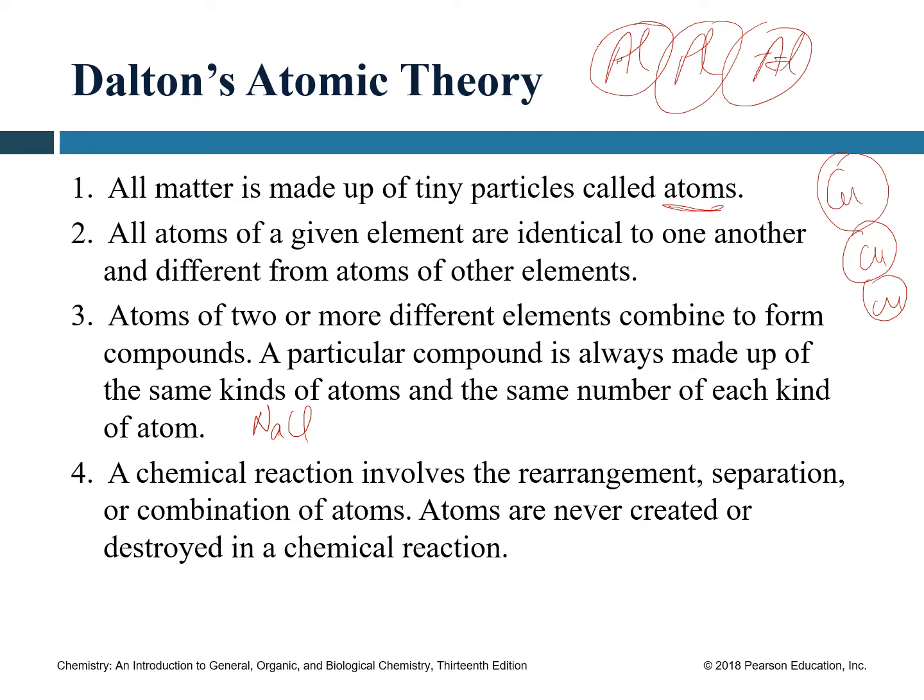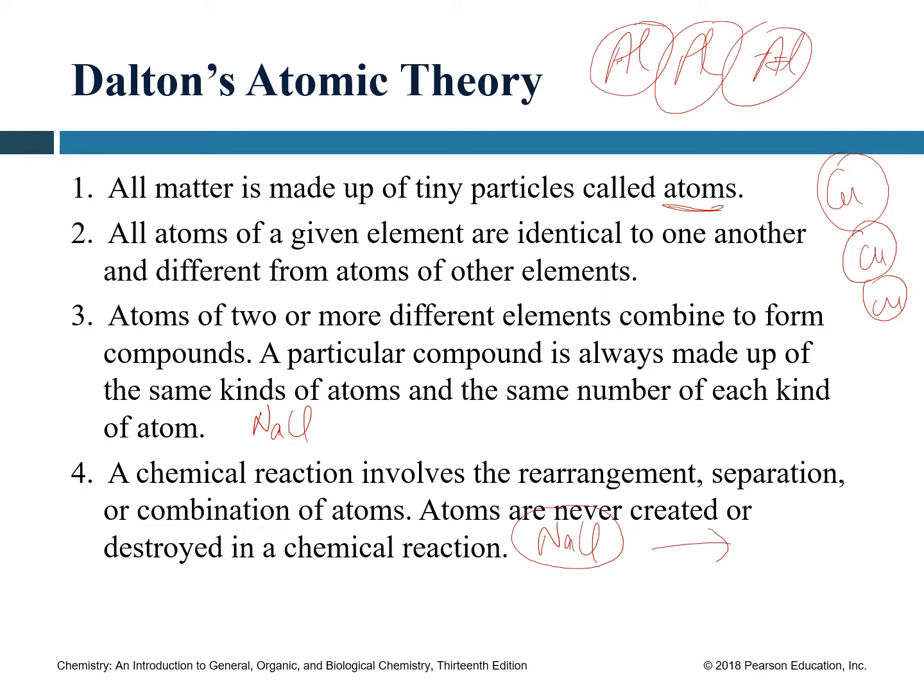The next proposal of this theory was that a chemical reaction involves rearrangement, separation, or combination of atoms, and atoms are never created or destroyed in a chemical reaction, which also holds true. So essentially, if you have a chemical reaction going on there, the atoms are never broken down. For instance, if there is a reaction with sodium chloride, you cannot simply convert sodium into a different element.